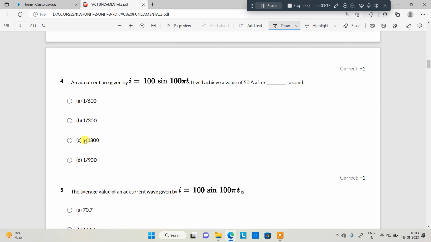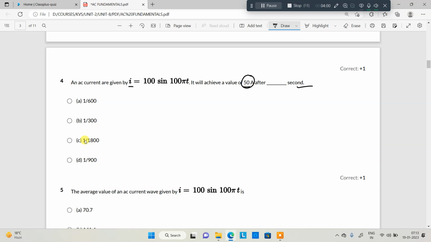Next, question number 4. In question number 4, the AC current is given by I equals Im sin omega t, that is 100 sin omega t. Find the time to achieve the value of 50 amperes. That means for this particular waveform, how much time will it take to reach 50 amperes? That is the question.